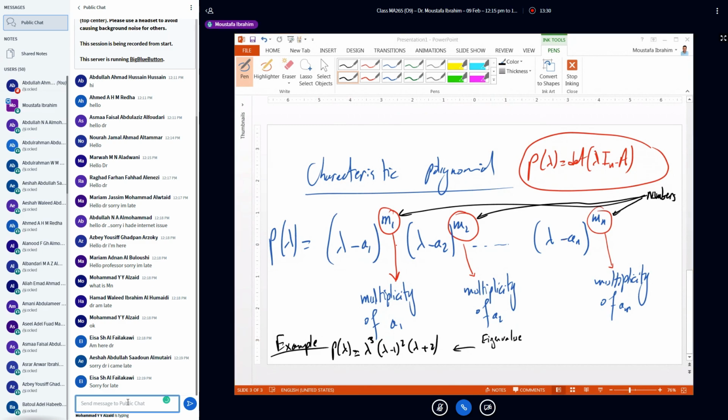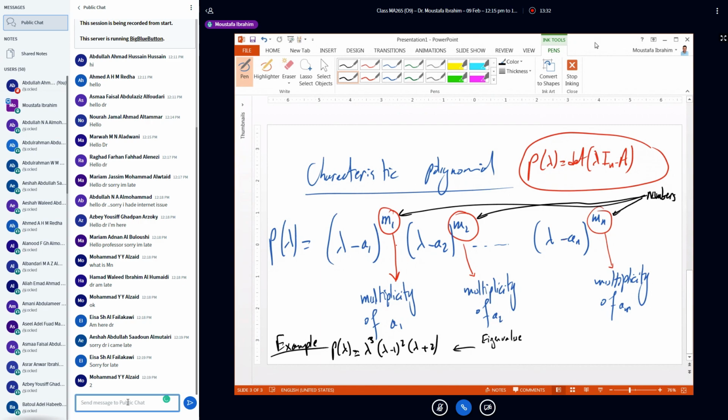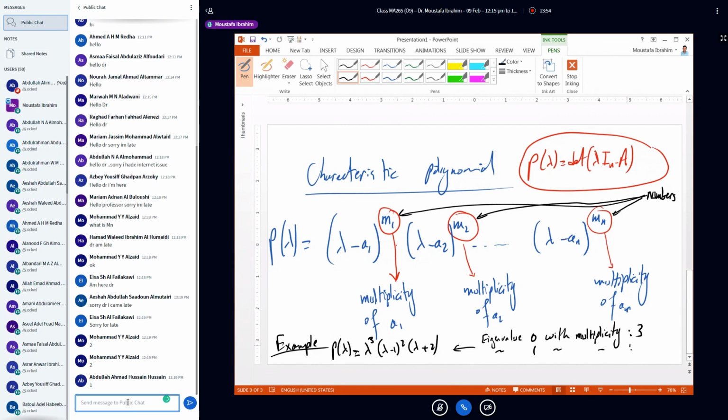If p(lambda) equals 0, the first factor is lambda minus 0 to the power of 3, so eigenvalue 0 has multiplicity 3. Eigenvalue 1 has multiplicity 2.